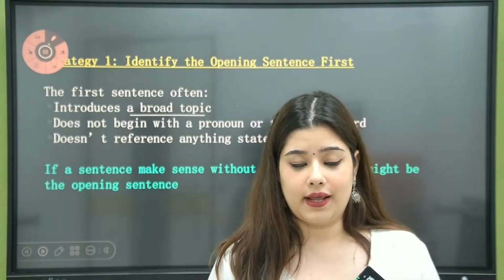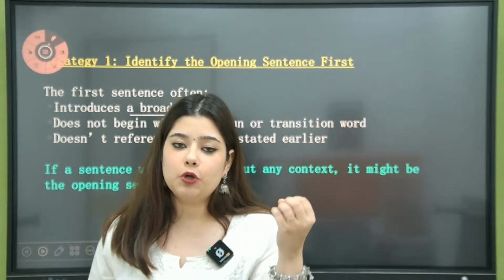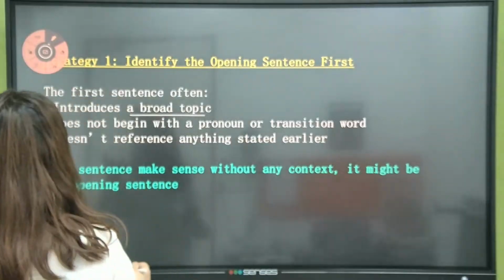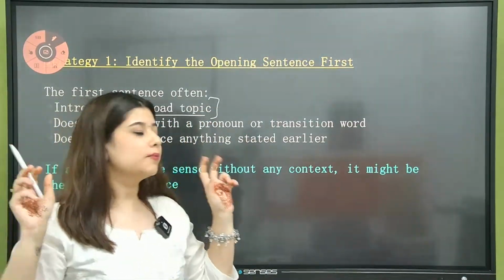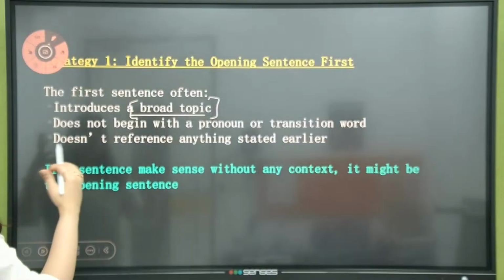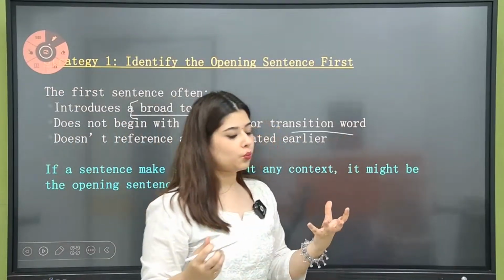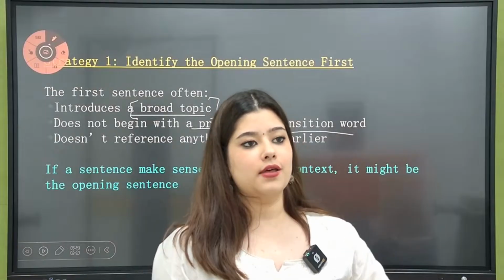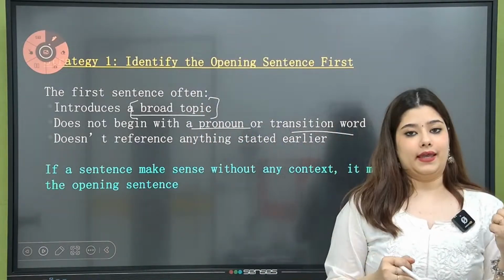Could be possible at times, right? But it is unlikely. So an opening statement or an introductory statement has to be something which is a general topic, which is a broad topic, right? It should not begin with any pronoun. It should not begin with any transition word, because a pronoun or a transition word needs prior context, right?